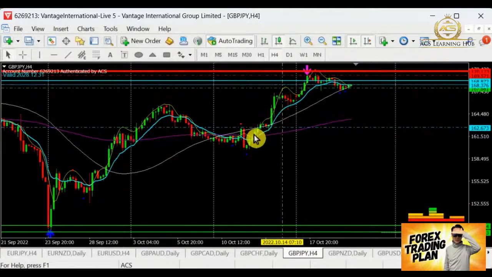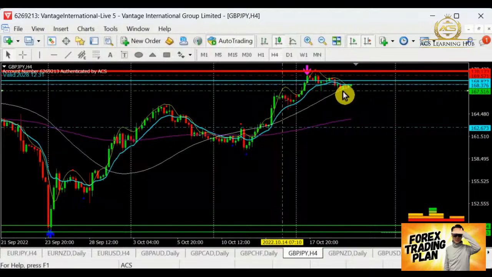So tentatively, I'm going to leave this out first until it breaks the support level, perhaps. Once it breaks the support level below, then there will be a good chance for us to take a trade for selling. So at this point here, this is a support level I'm looking for. Tentatively allow it to go up first and test the resistance before we take the second up.